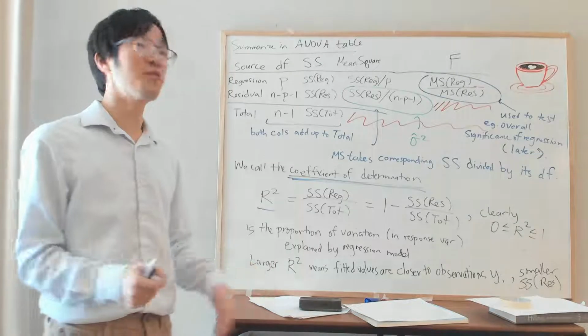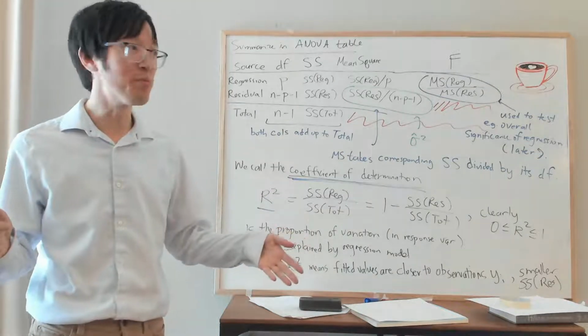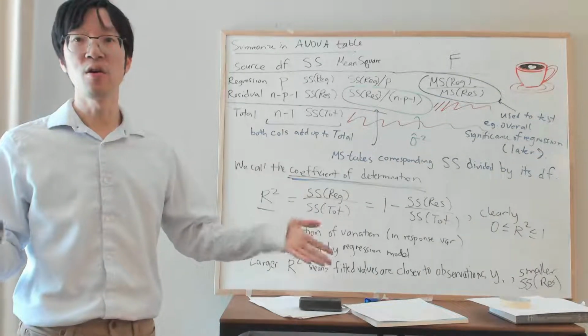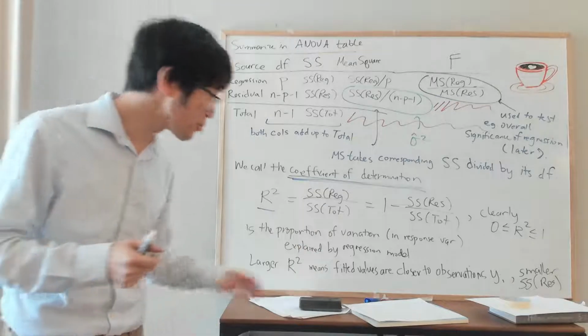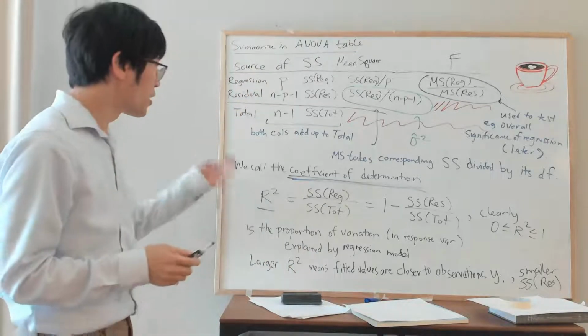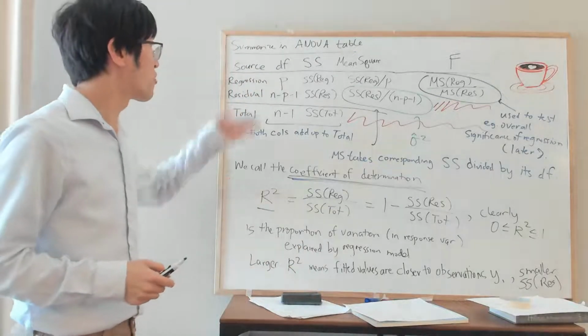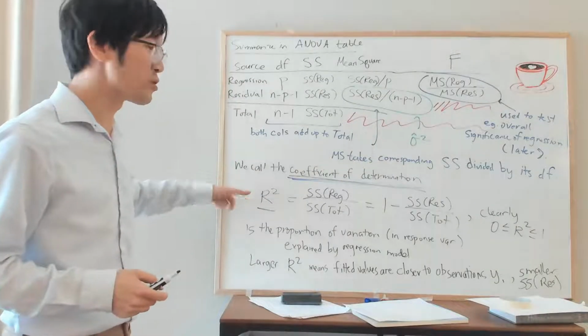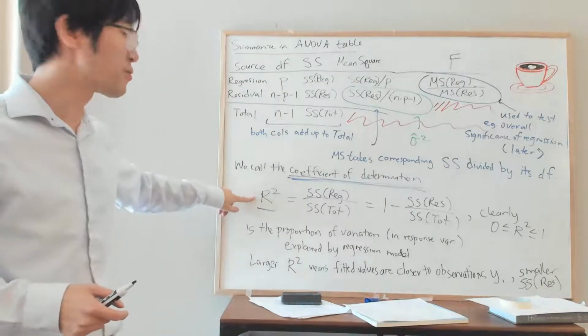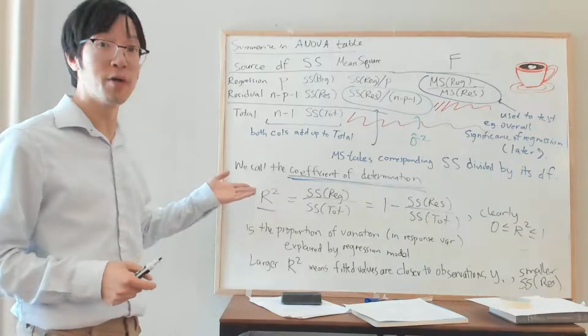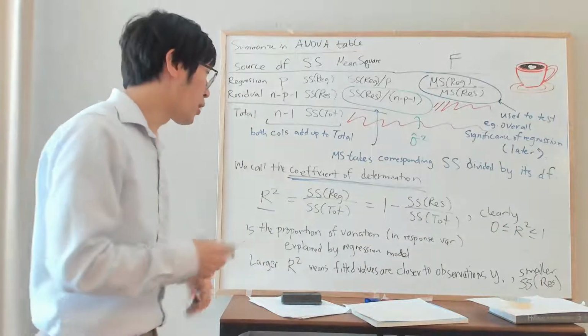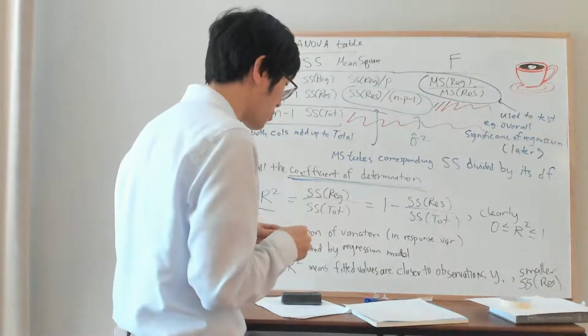In other words, the fitted values are close to the observations, the yi's. Therefore we can see, from the mathematics and the picture, and from this definition of R squared, how this is one way to measure how close the fit is to the data.